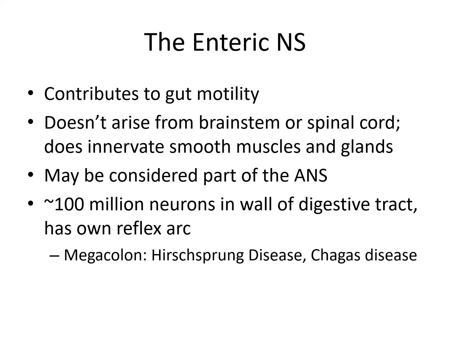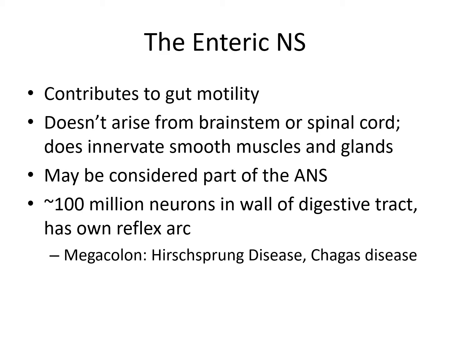Now, the enteric nervous system does not arise from the brainstem or the spinal cord, which makes it different than what we've seen so far with the PSNS and the SNS. However, it does innervate smooth muscles and glands.